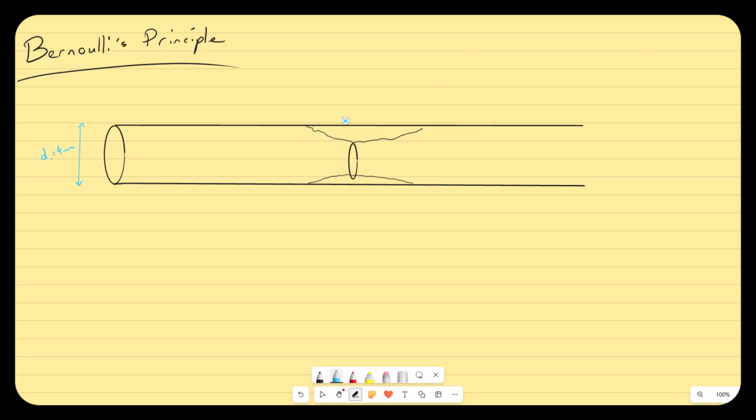And we're going to say this is 50% blocked. So over here, 50% of the diameter is blocked. So this thing's going to have a diameter of 2 millimeters. We're going to have blood flow over here at 0.4 meters per second.